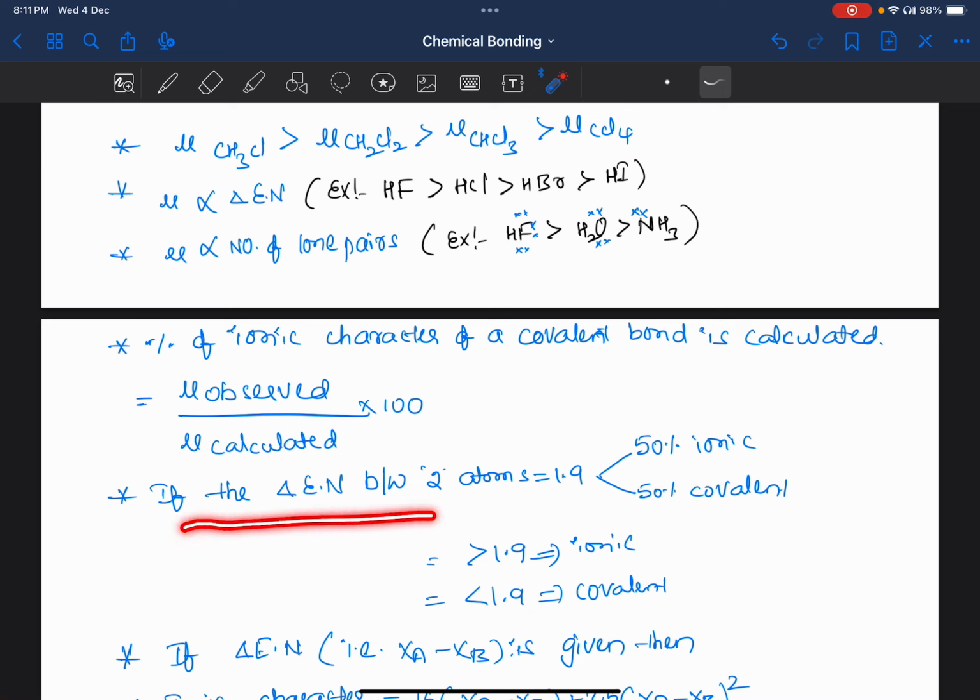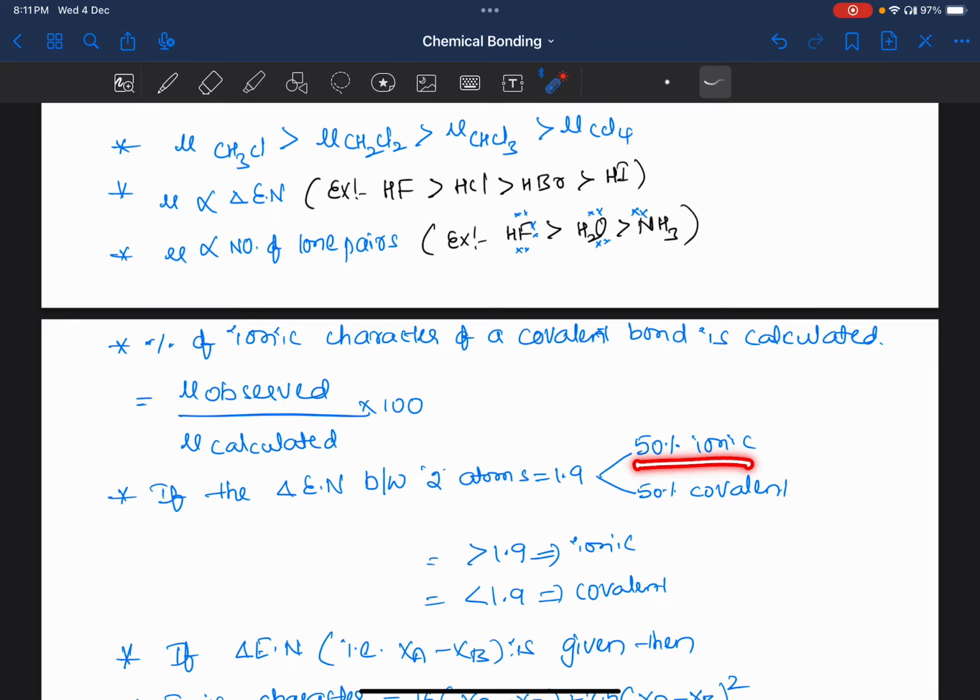If the electronegativity difference between two atoms is equal to 1.9, then the molecule will be 50% ionic and 50% covalent.